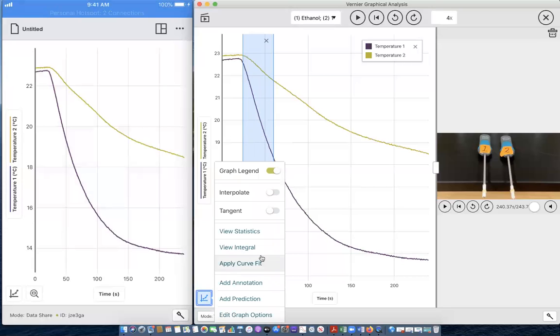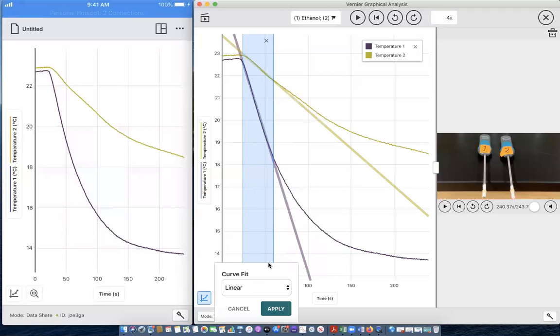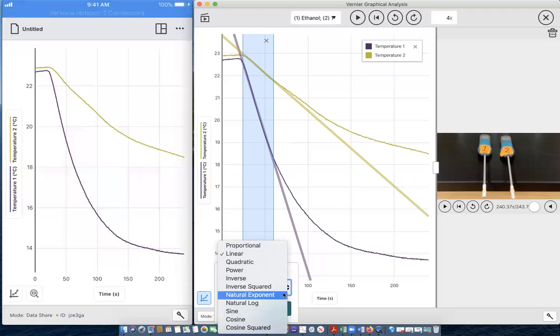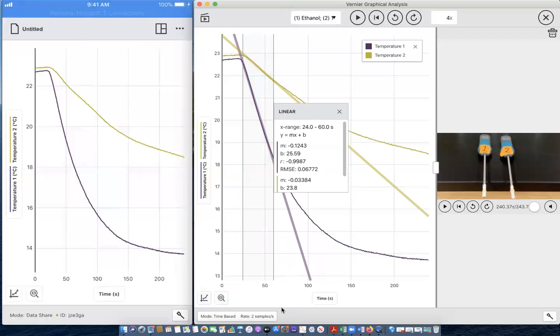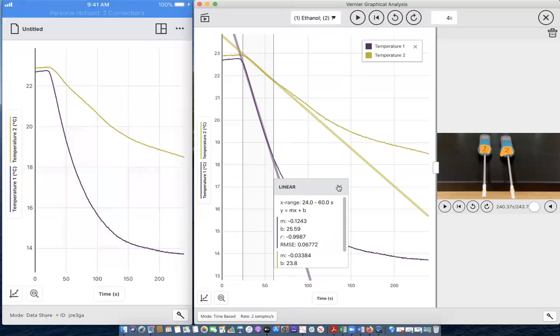I want to add a curve fit. The curve fit that I want to apply is going to be linear, but I would have other tools that I could use if I so chose to look at some other mathematical relationship that might fit. So when I go apply, and again, I can drag this bar up or down and I can minimize it and so on.